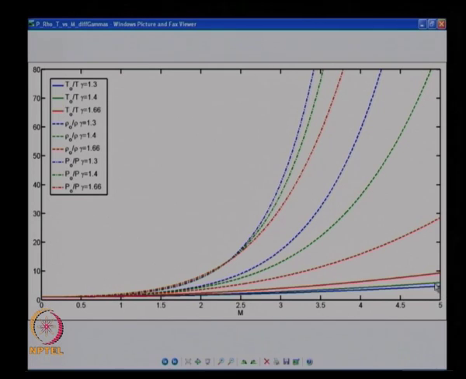Actually it keeps on increasing, we do not want to show more than this value. And one more thing, if the gas is less compressible, the temperature drops a lot from T naught, that is why T naught by T is increasing faster.